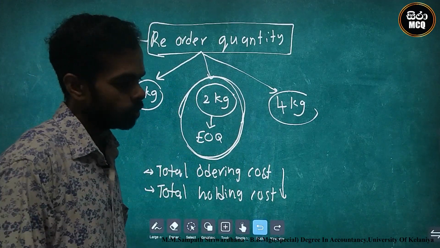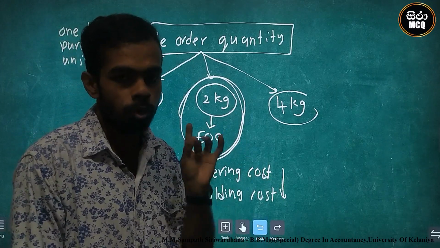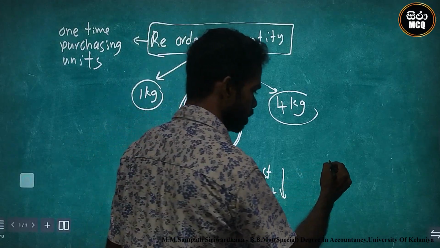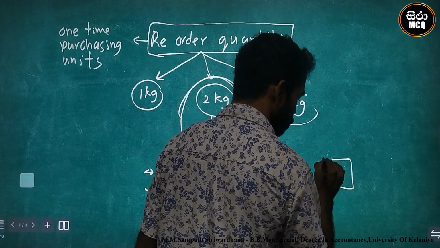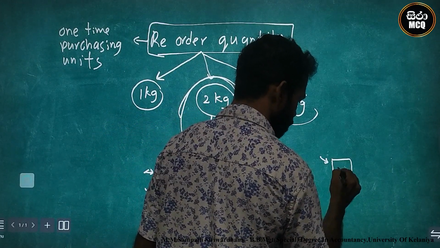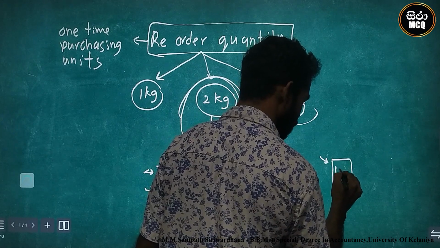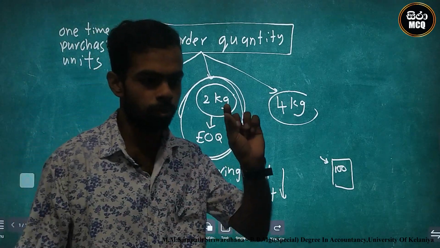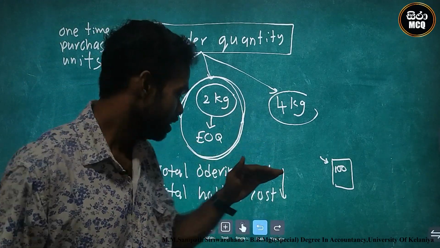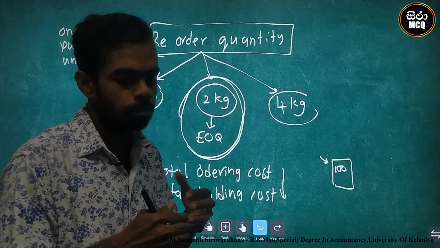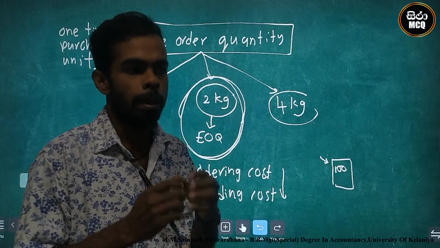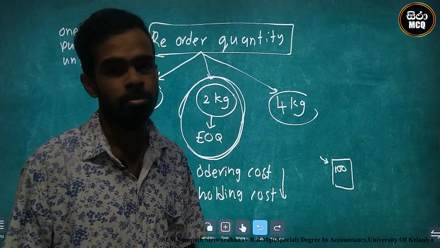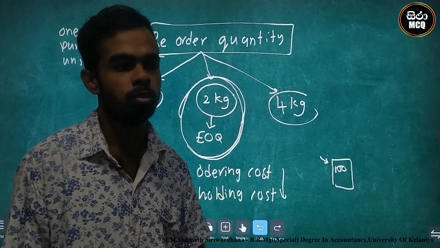What is the total ordering cost? Ordering cost does not mean the purchasing price of the units. The purchasing price, say 100, is not the ordering cost. This is the price of some portion of packets. The ordering cost is the order preparation cost.